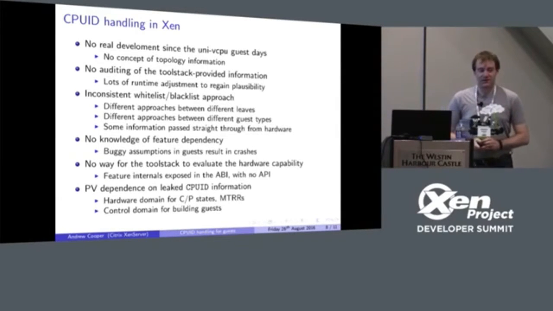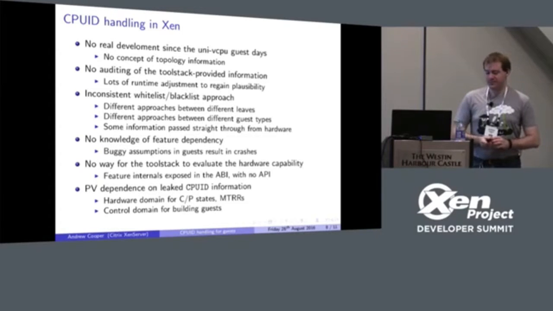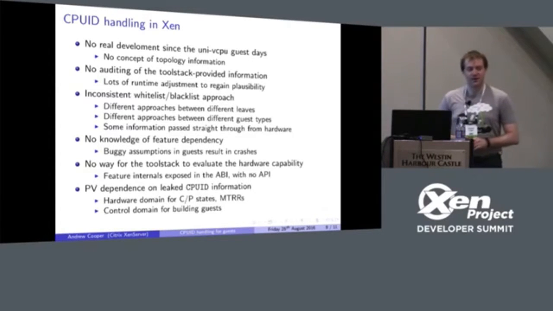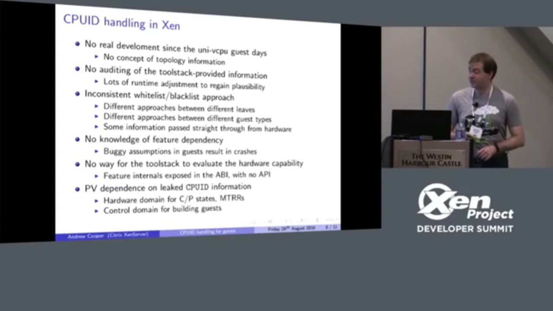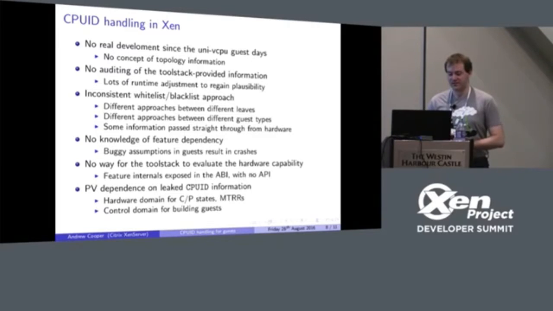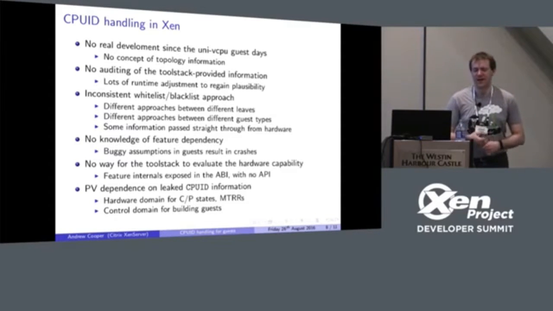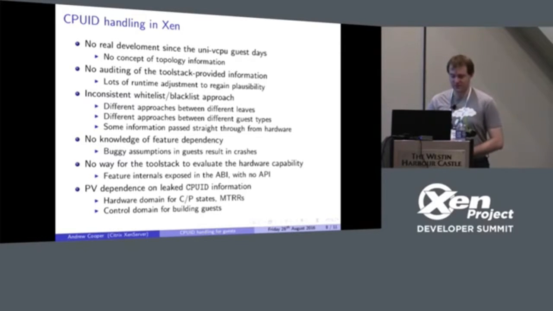And it turns out that over 10 years of piling bugs on top of bugs, particularly for DOM0, a whole lot of assumptions exist around the leaked CPUID state that shouldn't have existed. So the C-state, P-state handling in Linux is particularly bad at the moment in this regard.